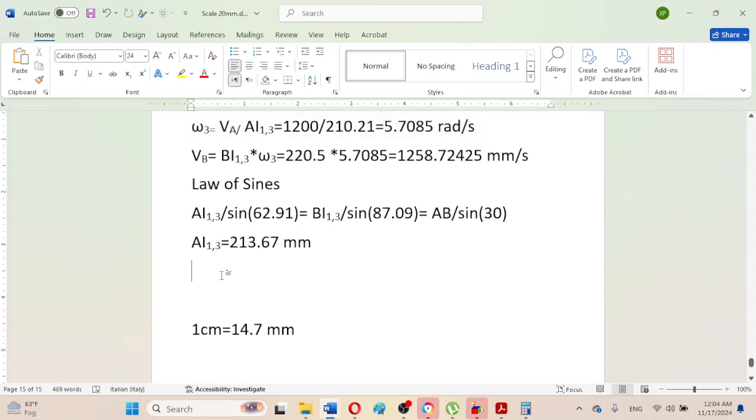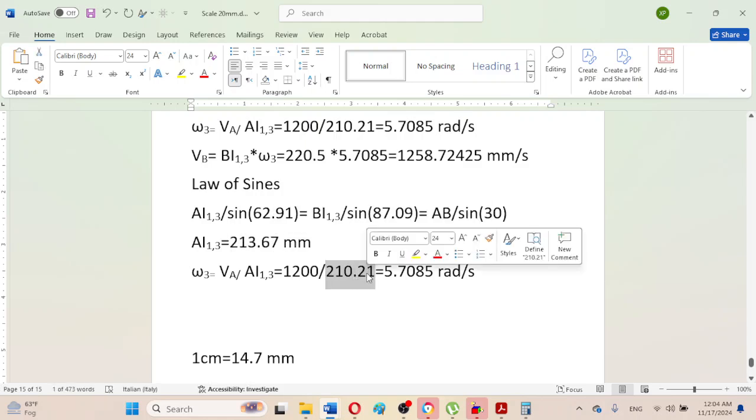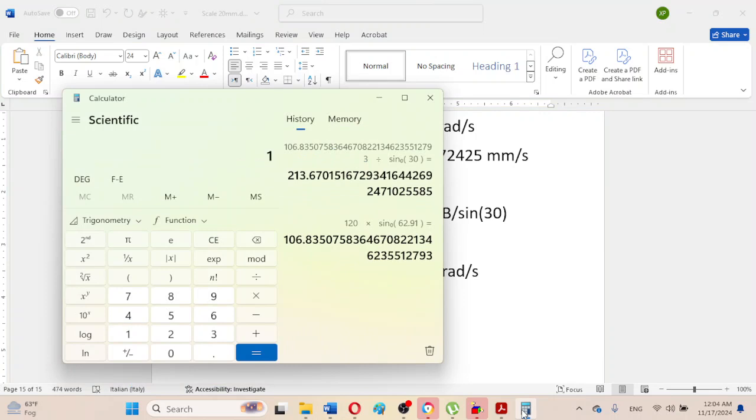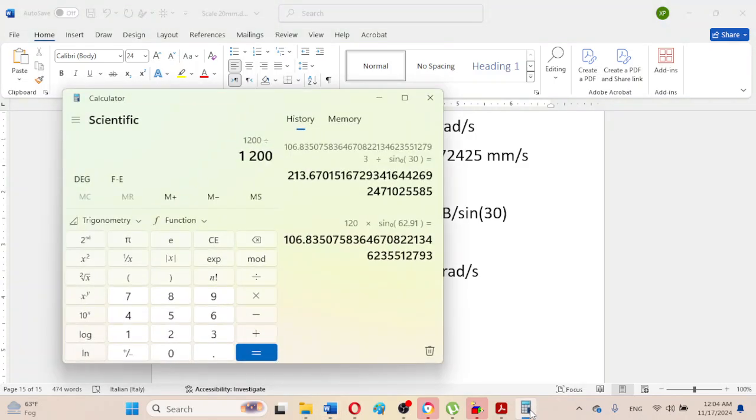I can paste this value here instead of the graphical value, and now calculate the new value, for example 1200 millimeter per second divided by 213.67.